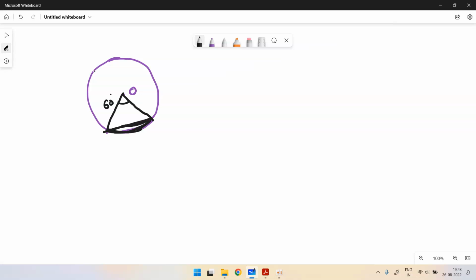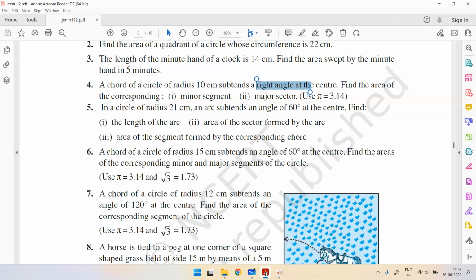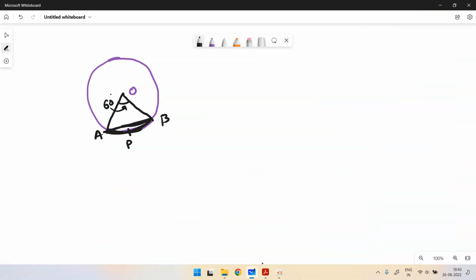Let us name it O, A, this is B, let this be P. 60 degree. R is given to be 21 centimeter. This is also R, this is also 21 centimeter.